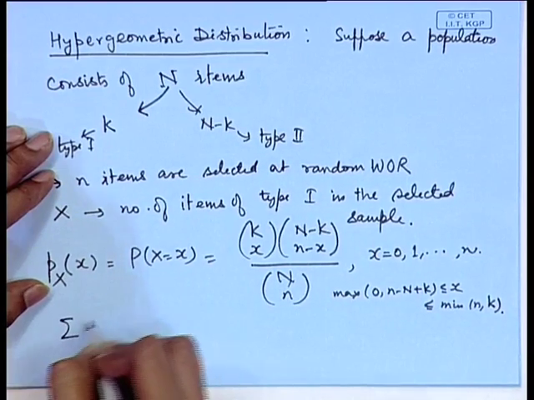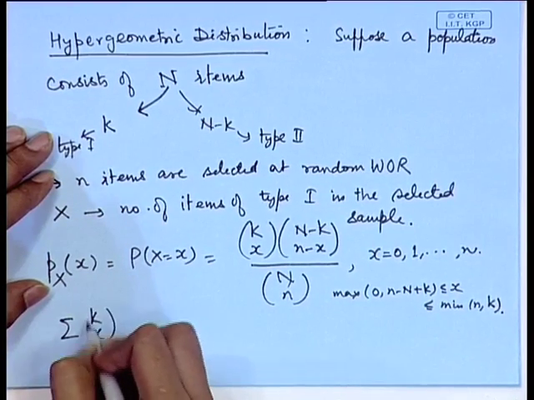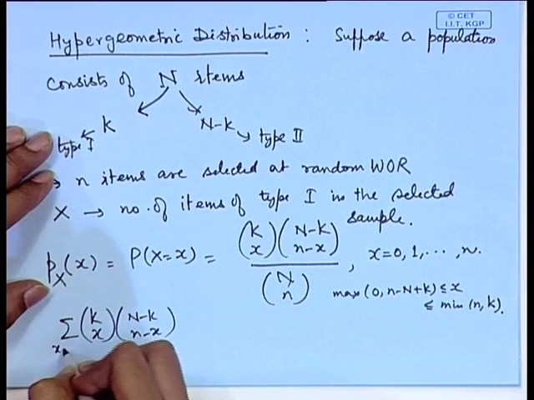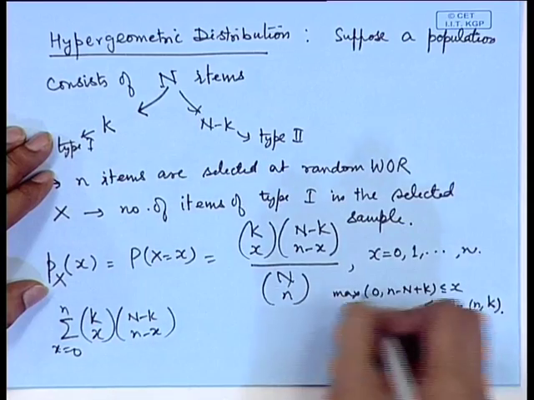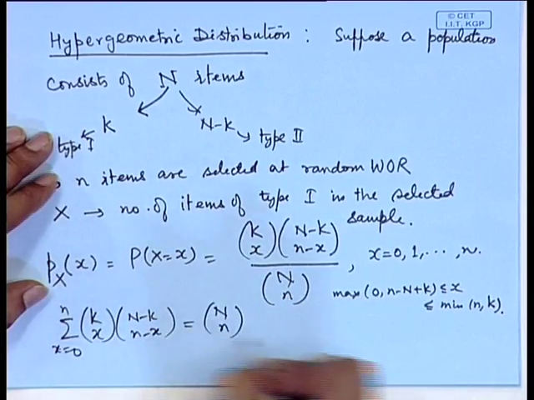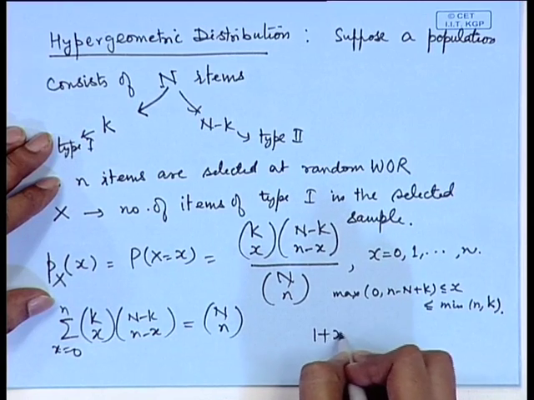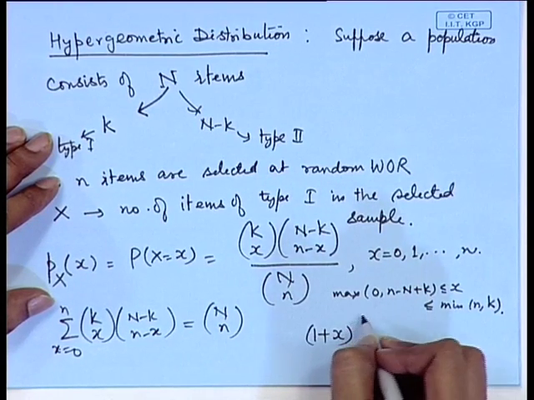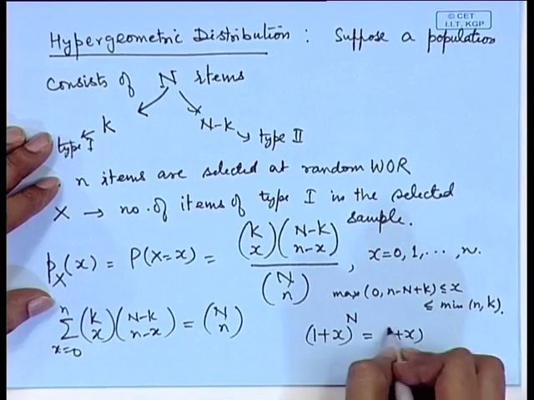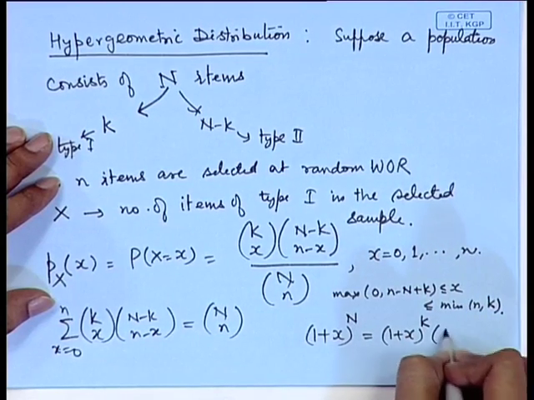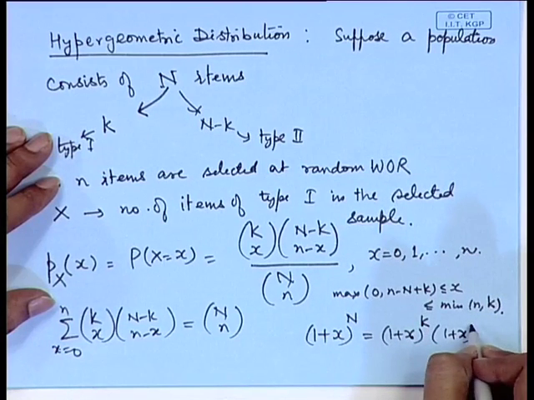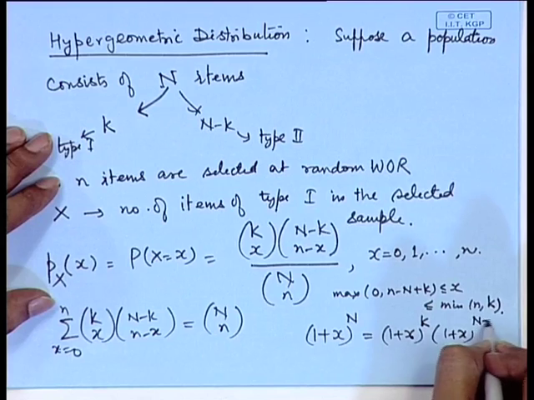See the fact that the sum of k c x times n minus k c n minus x, x equal to 0 to n, under these restrictions is equal to n c n. This can be proved by considering the expansion of 1 plus x to the power n in two ways. We can express it as 1 plus x to the power k times 1 plus x to the power n minus k.